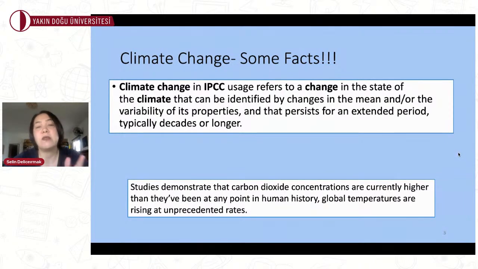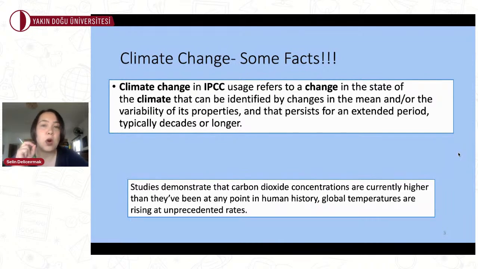The Intergovernmental Panel on Climate Change defines climate change as a change in the state of the climate that can be identified by change in the mean or the variability of its properties.